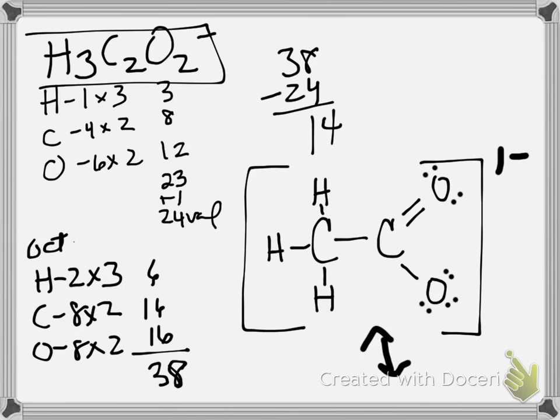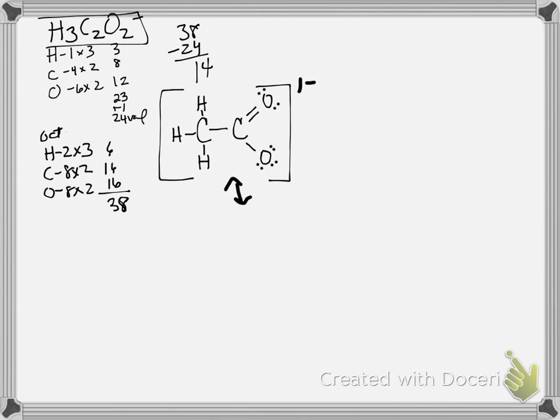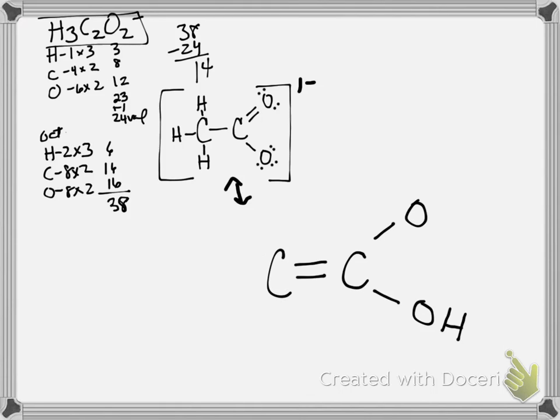Now wait, you know what? There's another possibility for the structure of this one. And then when all else fails, I'll look at what your book says. So could it look like this? 1, 2, 3, 4, 5, 6.